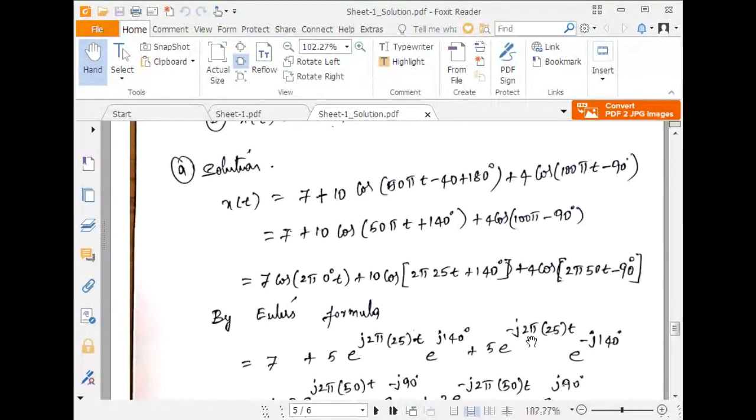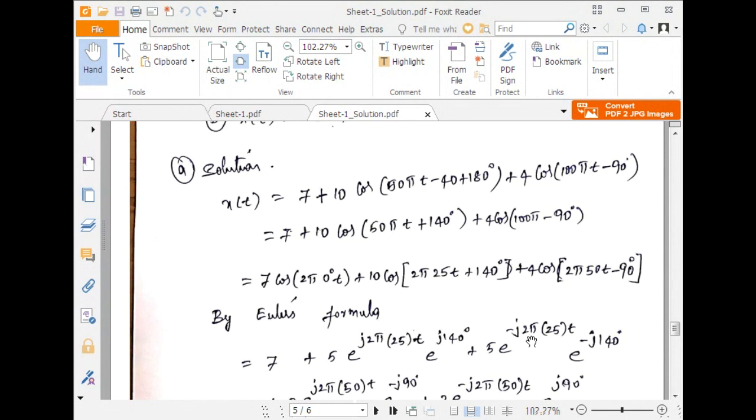This is the procedure. To find any magnitude or phase spectrum, we have to convert all the terms into positive cosine terms. Why?